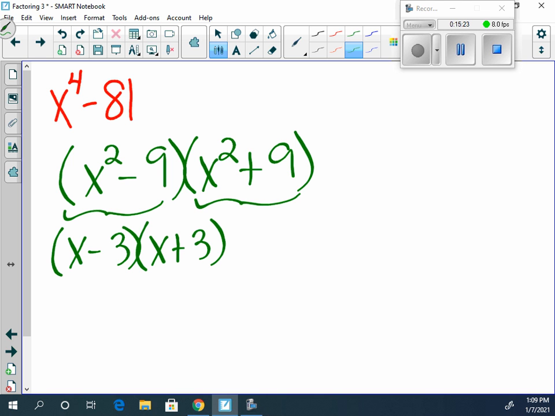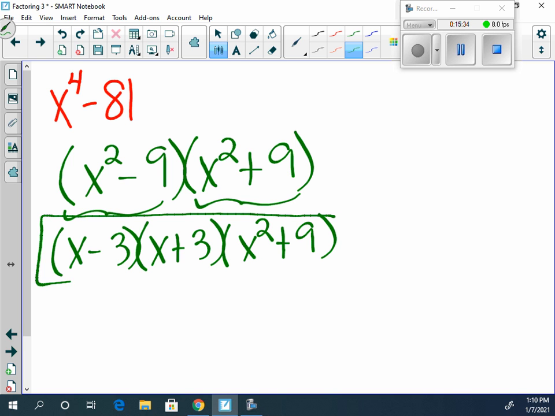There's no such thing as a sum of perfect squares. So this here is just going to be x squared plus 9. x squared plus 9 doesn't factor because if we were to try to factor it or solve it, it would be complex solutions. It would be complex factors. So we don't factor it.